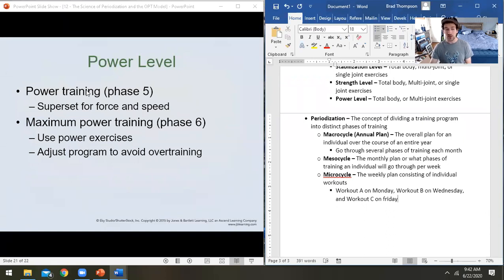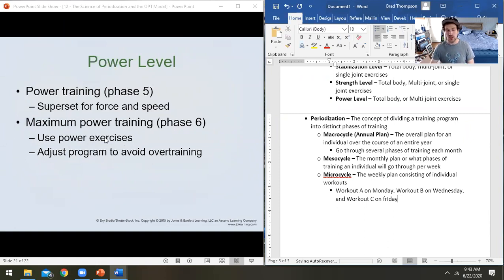Then we have power training, which is supersetting force and velocity, right? And that is very key to athleticism. But then we have maximal power training, which is that sport-specific stuff, right? Maximal power in whatever type of power you need for your specific sport or activity.